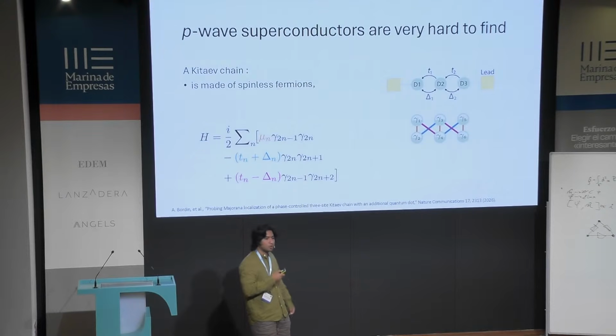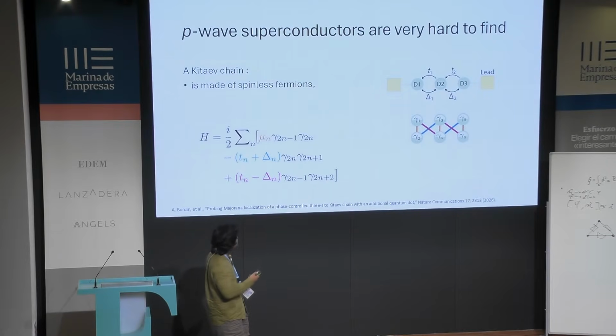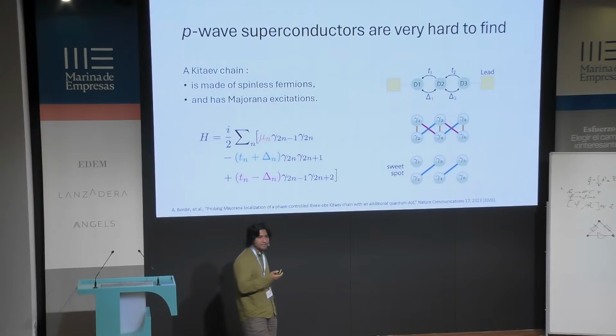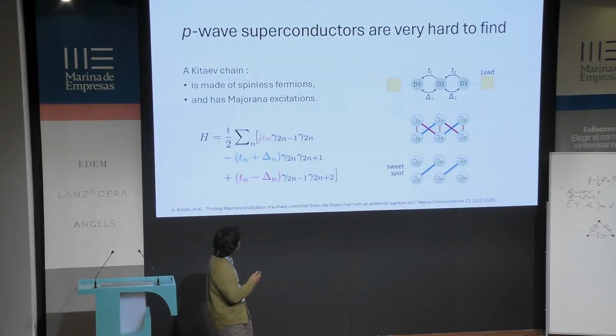Each one of those colors is a different interaction. If we look at the shape of those terms, we can see that several of them can be tuned to 0, actually, if t and delta are equal to each other and if mu is equal to 0. And if we are at that regime, we achieve something that is called a sweet spot, where the first and the last Majorana are decoupled. And in this sense, they form one fermion that lives in 2 separate parts of the universe.